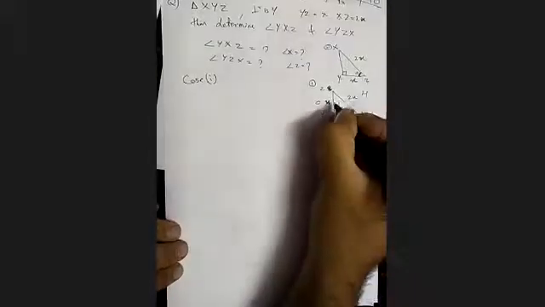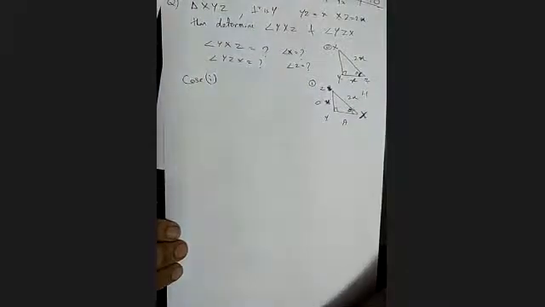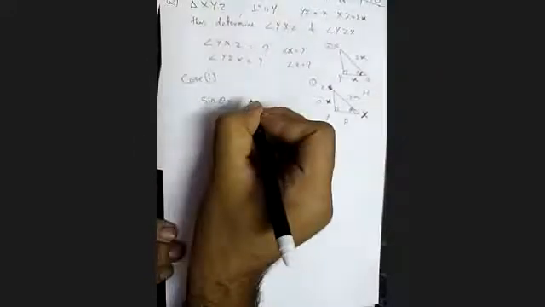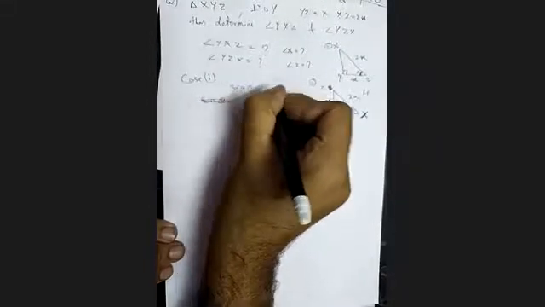Now, in which trigonometric ratio are we getting opposite and hypotenuse? Sine, very good. Sine theta is equal to opposite by hypotenuse.